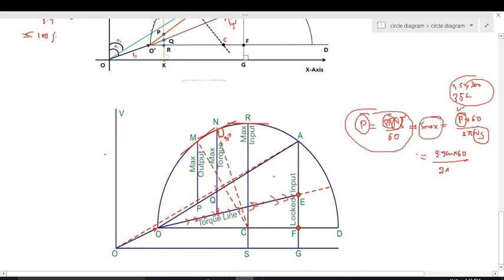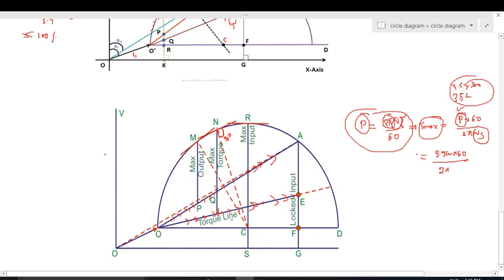Next, how to find the maximum output? This is nothing but the output line. So I said earlier, this is the output line. If you want to draw the maximum output line, draw a line parallel to OA.